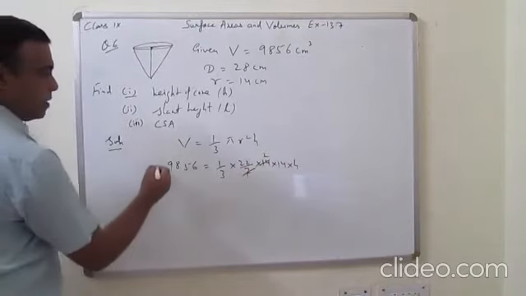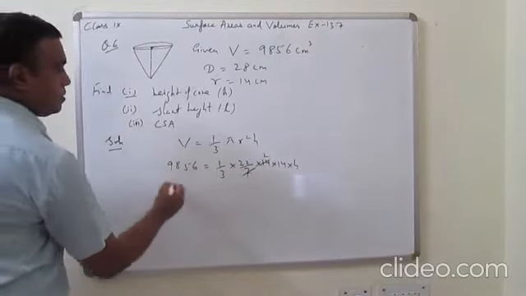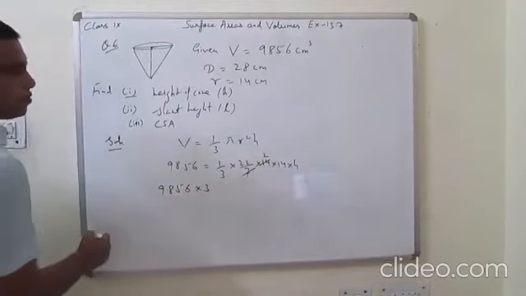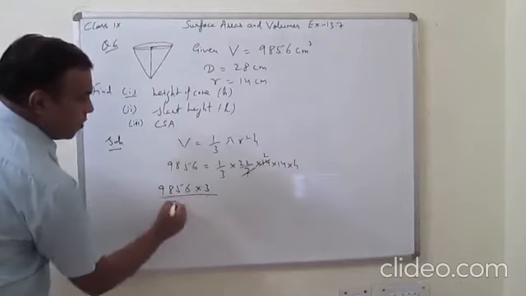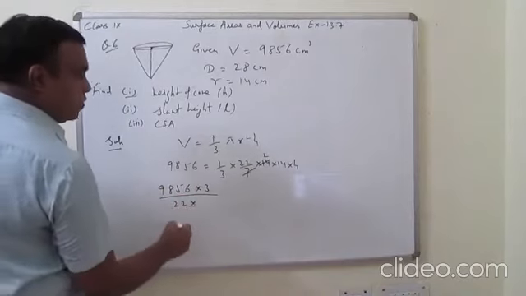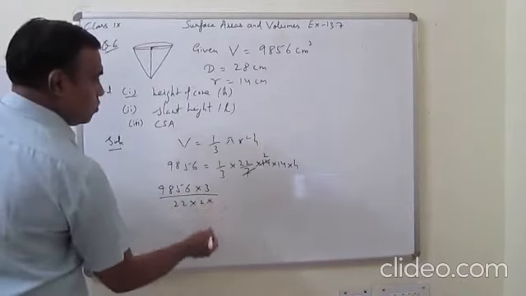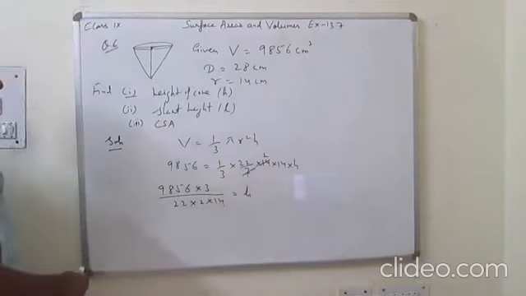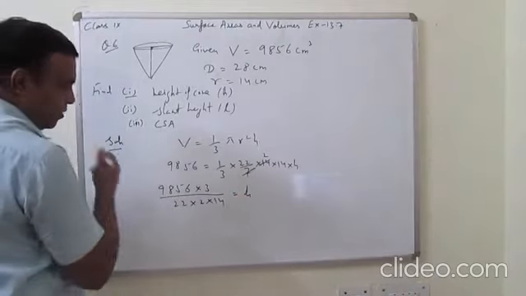Now cross multiply: 9856 into 3 upon 22 into 2 into 14 is equal to H. This comes in centimeter, and you will cut it.